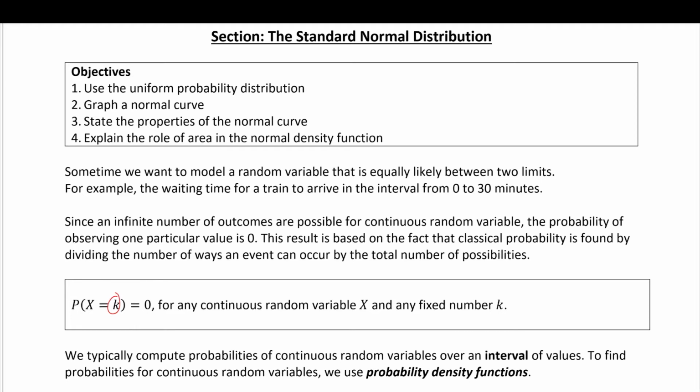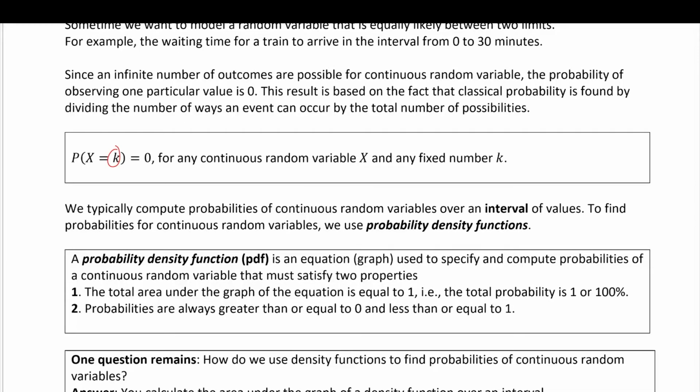But we're going to do something a little bit different for continuous random variables. What we're going to use is a probability density function. This is an equation or a graph that's used to specify and compute probabilities of a continuous random variable, and it must satisfy 2 properties.